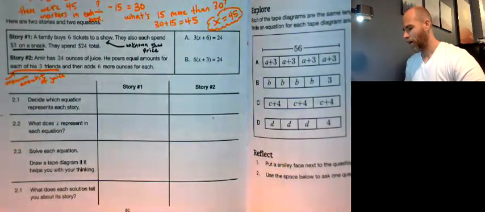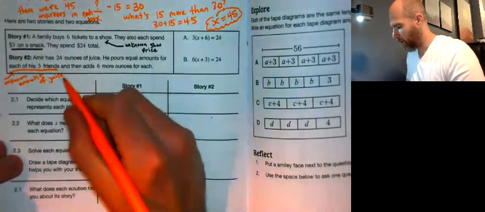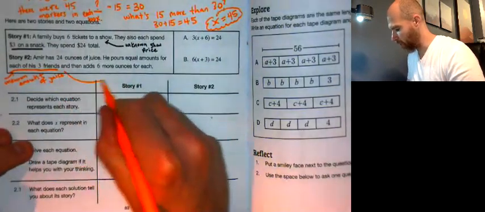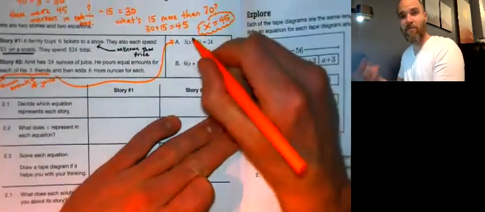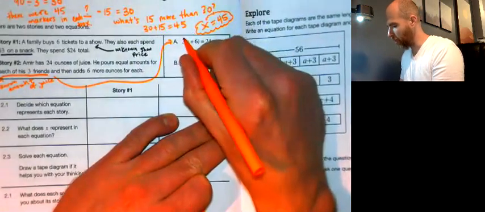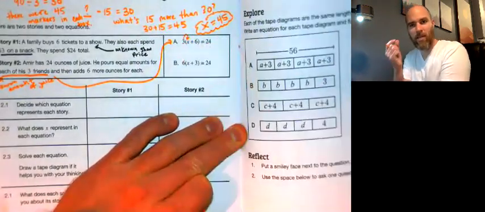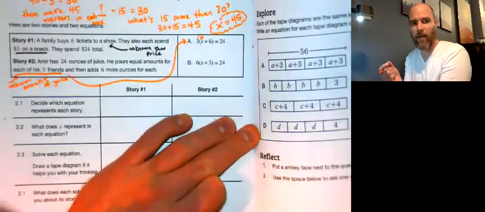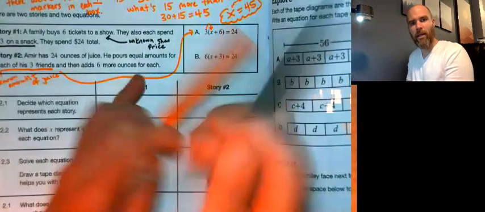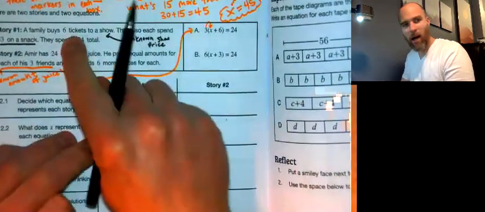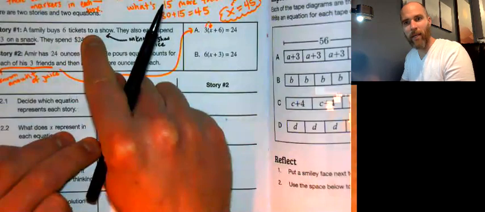All right? And so now, if we look, I see that in this equation, x is being multiplied by 3, right? Not directly, it's written in factored form, right? It needs to be distributed. Well, you don't have to. 3 times x here. So that's my 3 unknown amounts of juice that Amir is pouring here. Okay, and then if I look at the other one had 6 unknown cost tickets to a show, right?